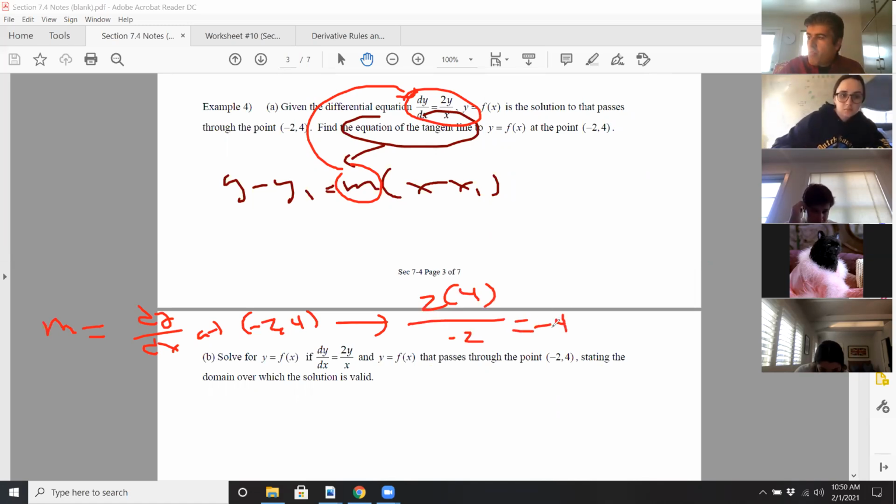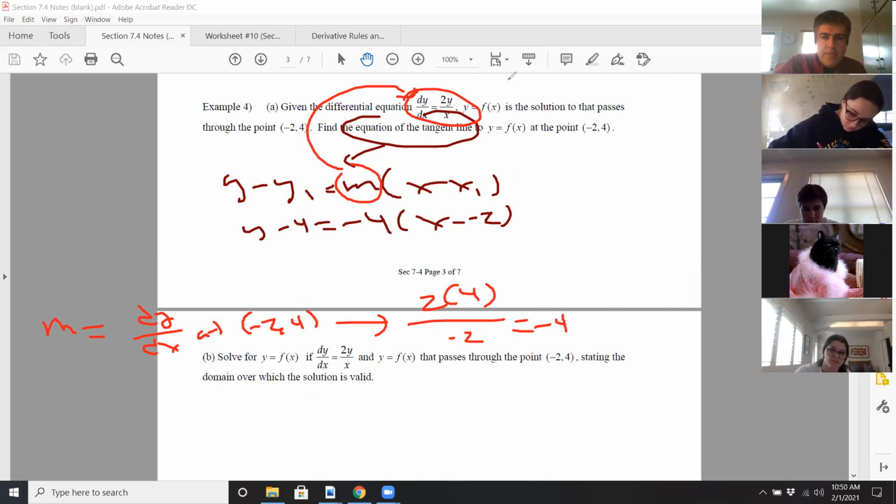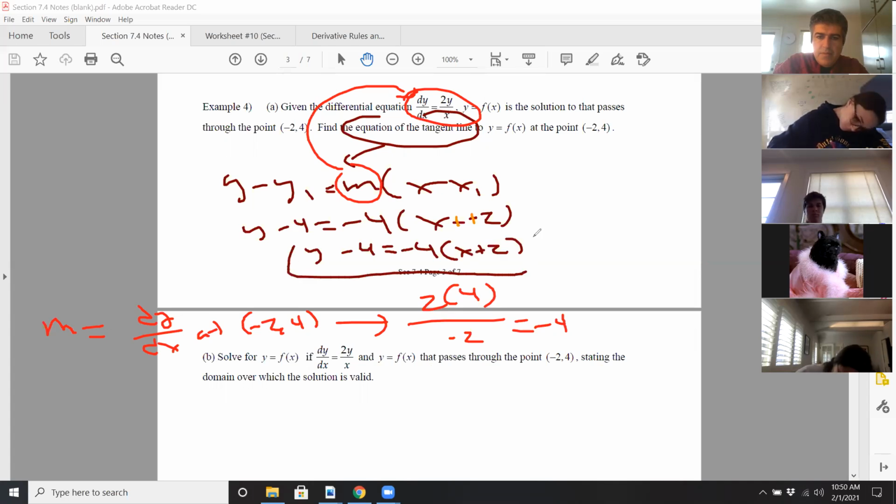So that's your slope. So negative 4, and your x value is negative 2, so x minus negative 2, and y minus 4. And the negative minus negative 2 becomes like that. There you go. So that's that one.